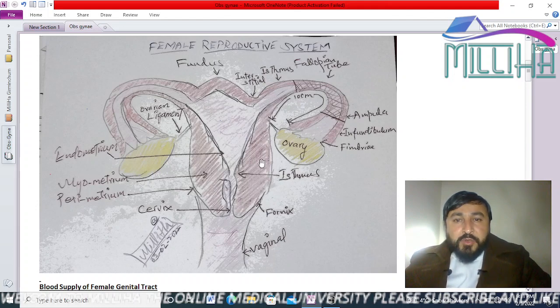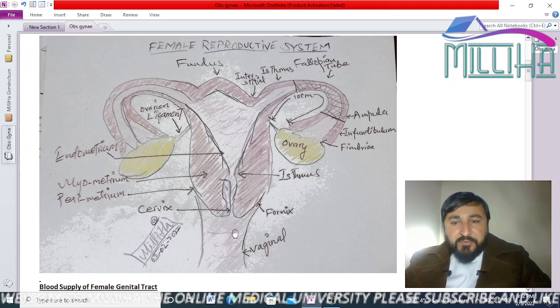The uterus has three layers: the endometrium, the internal layer; the myometrium, the middle layer; and the perimetrium, the outer layer. This is the endometrium, myometrium, perimetrium, and this is the cervix. This corner between cervix and vagina is called the fornix.